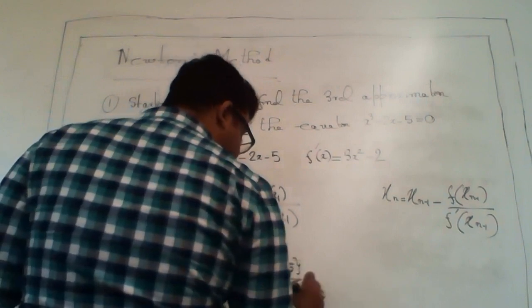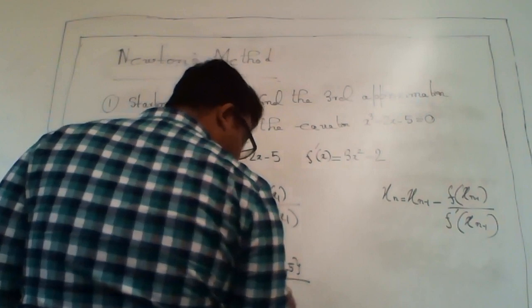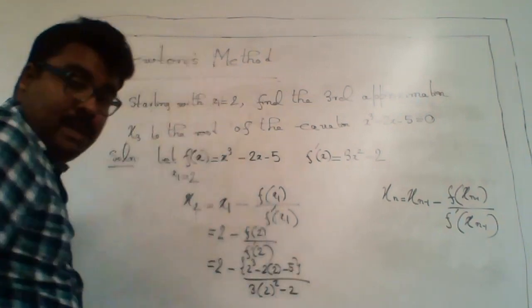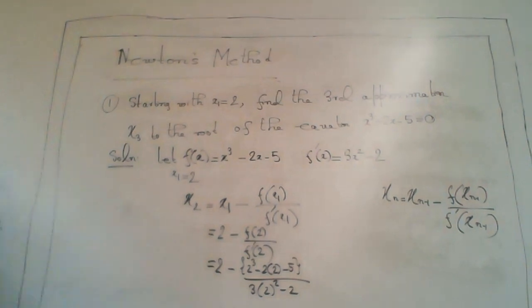F prime 2, you get 3 times 2 square minus 2. Then you have to use your calculator to compute it out. So 8 minus 4 minus 5 gives you minus 1.